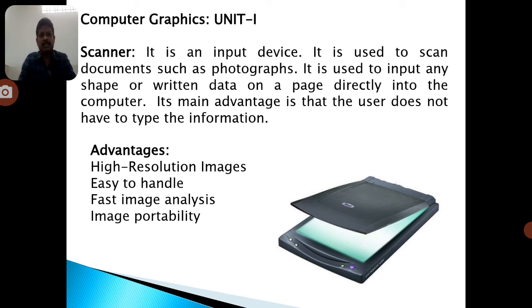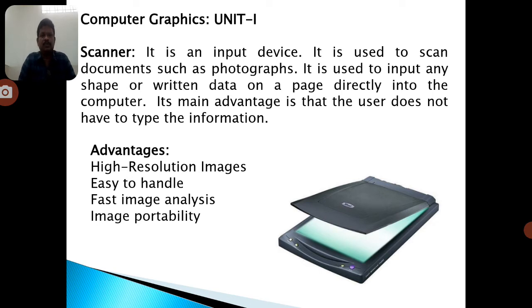Here we can see the diagram; the scanner looks like this. It is an input device. It is used to scan documents such as photographs or any other documents we can put inside this scanner. The scanner reads whatever input we give, reads it at a time, scans all the information, and places it onto the screen in the proper manner.